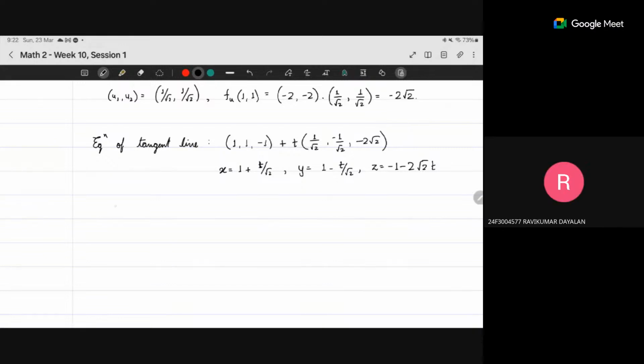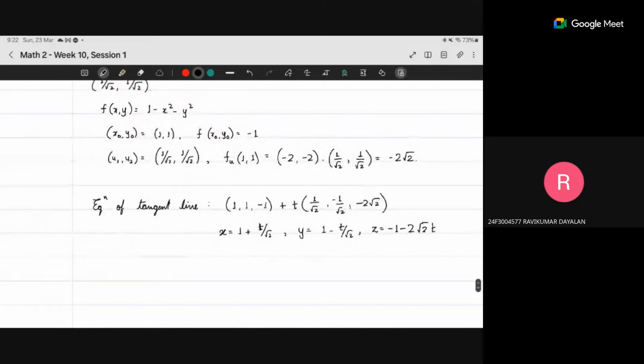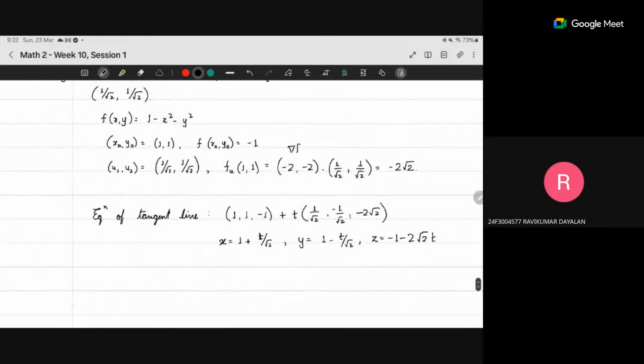Sir, how did you get that minus 2? Fu of (1, 1) equals minus 2 into (1 by root 2, 1 by root 2). So this is the gradient of it, which you calculated in the previous sum, right?